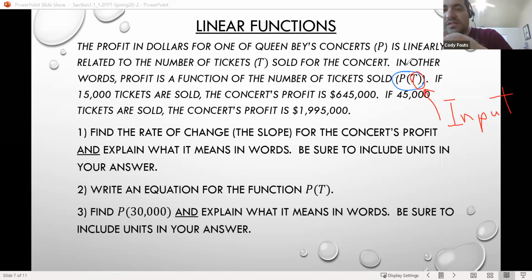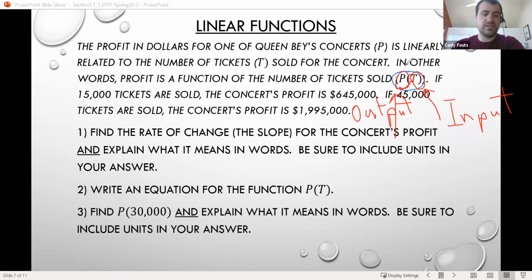And the P, because it's on the outside and it's the name of the function, is going to be our output. So we need to keep that in mind as we're setting up our equation, calculating our slope, and all of those sorts of things.